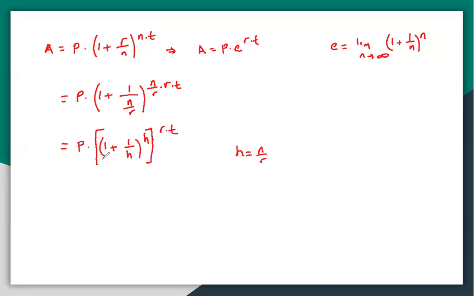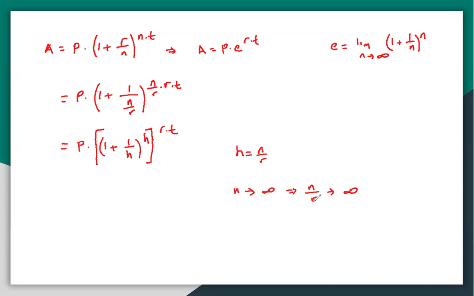The reason I'm writing it this way is that the definition of Euler's number is 1 plus 1 over N to the N power, which approaches E when N goes to infinity. So now if your N is going to infinity, which means you are compounding infinitely many times, then N over R is also approaching infinity, because R is just a percent.